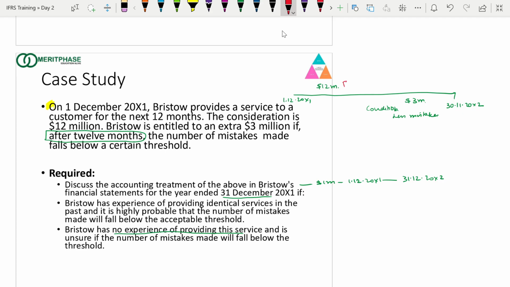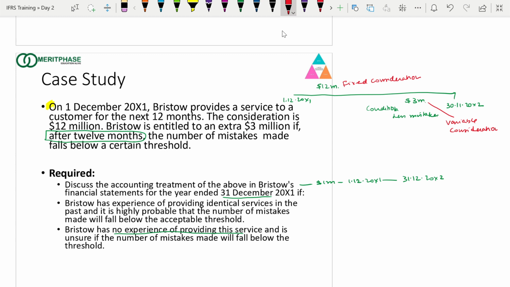This is the fixed consideration. This is the variable consideration. First you have to identify fixed consideration and variable consideration.